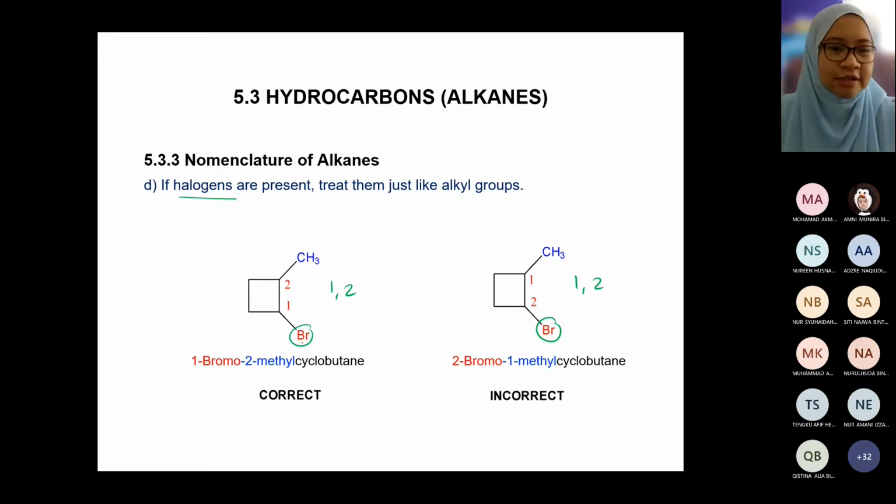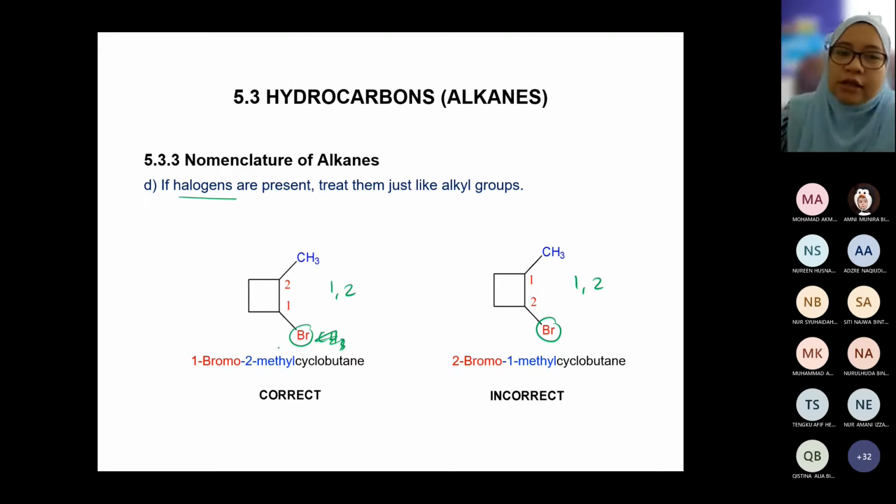Understand? We don't prioritise it. We number it the same as if this were methyl. It's just that coincidentally B comes first compared to M. So that's why bromo, B, should be assigned carbon number 1, whereas methyl should be assigned carbon number 2.